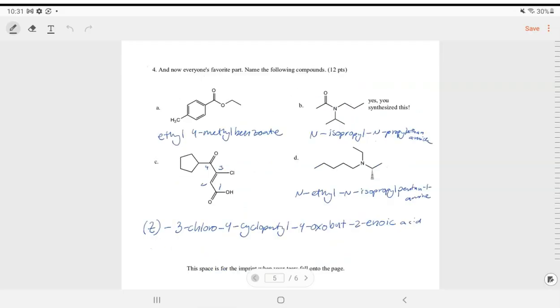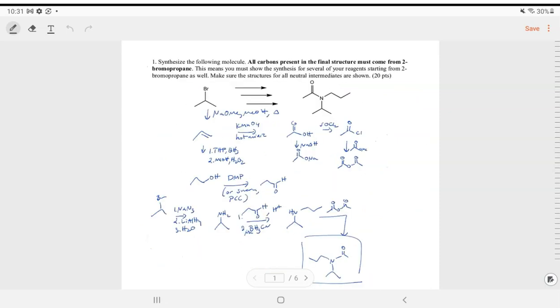What I meant by "you must show the synthesis for several of your reagents starting from 2-bromopropane" was that you were supposed to show all the fragments that you're putting together onto this amide, starting all of those from 2-bromopropane and showing how you make all of your intermediates, or not intermediates, reagents.